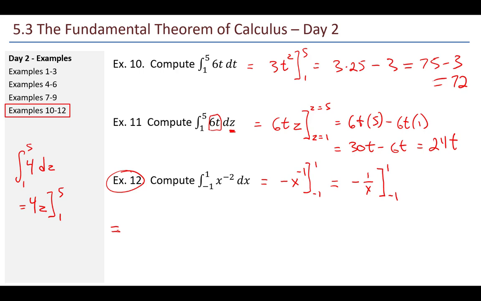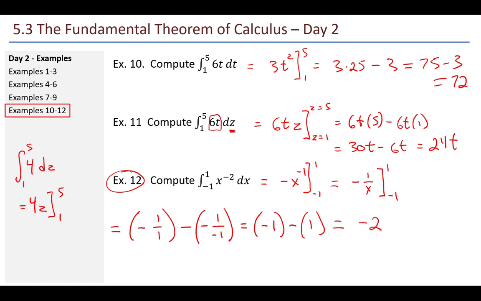All right, so I plug in the +1, -1 over +1, and then I subtract, and I plug in the -1, 1 over -1. Be very careful simplifying. This looks like -1 minus, and then negative makes it a positive 1. -1 minus 1 is -2.